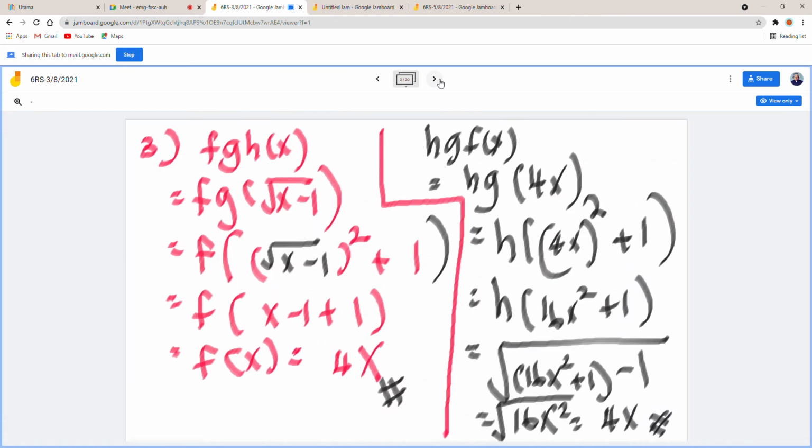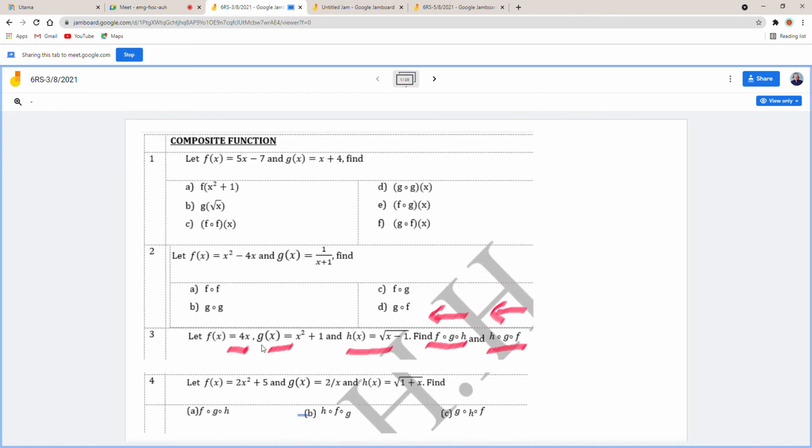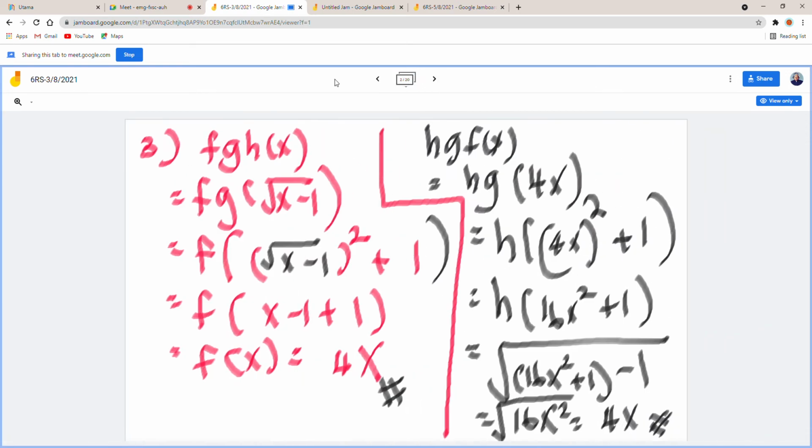I'll show you. Okay, for 3, they give fx, gx, and hx, and they ask to find fgh x and hgf x. That's why you have to do it step by step. When you see this type of question, you have to start from the back and substitute from the back itself. So substitute hx in fg, h now. So you get fg of square root x minus 1. And you substitute gx. gx is x squared plus 1, I think so.